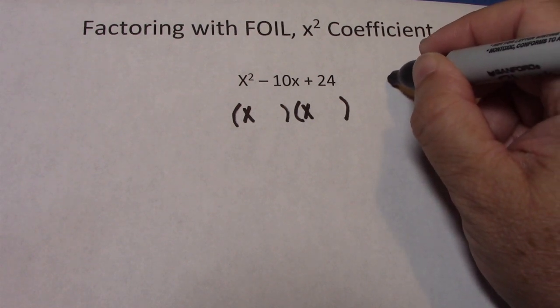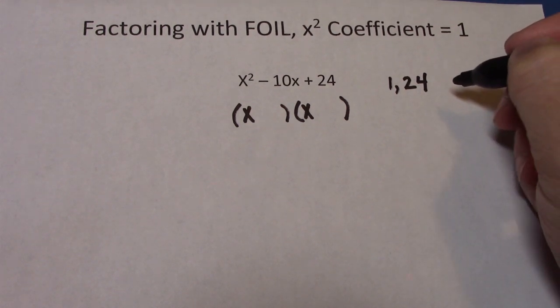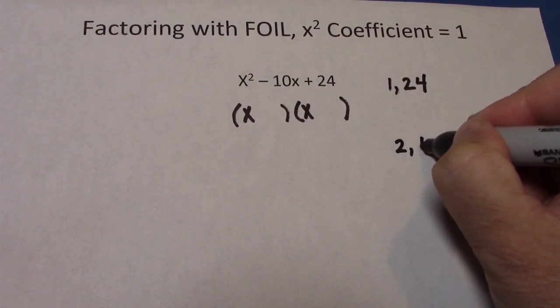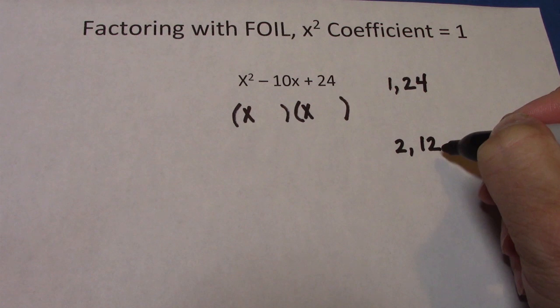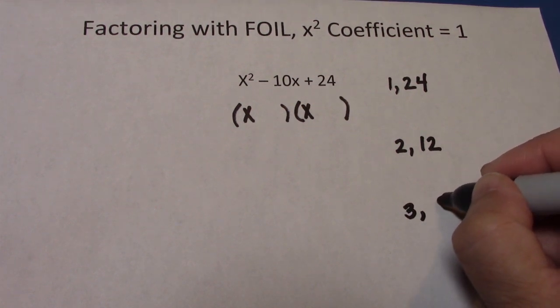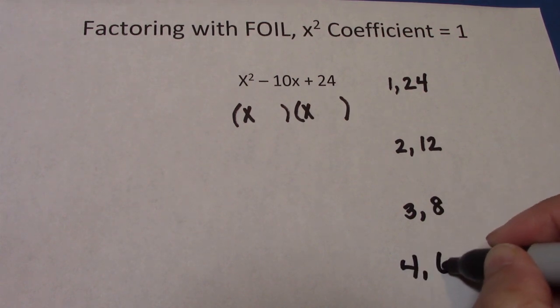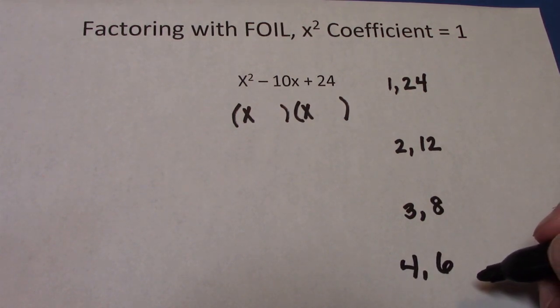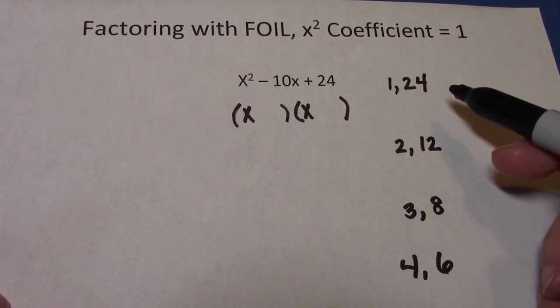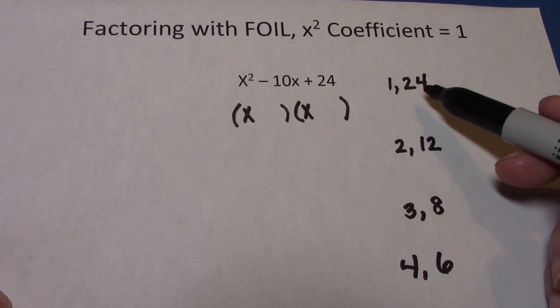The factors of 24 are 1 and 24, 2 and 12, 3 and 8, or 4 and 6. That's a lot to consider, but we can make some educated decisions about this.